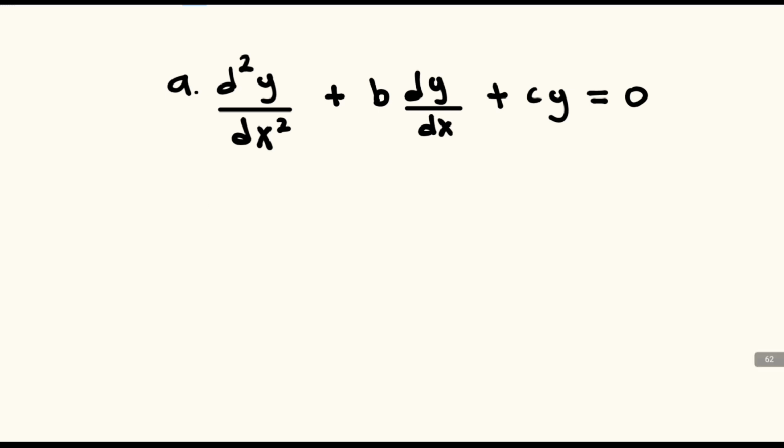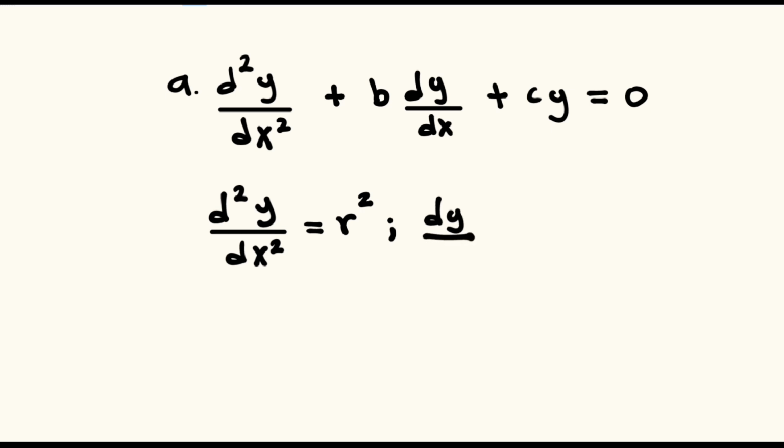We start by determining what we call the auxiliary equation, where the second derivative of y with respect to x will be equal to r squared, and if that is the case, then the first derivative of y with respect to x will be equal to r, and y itself will be equal to 1.